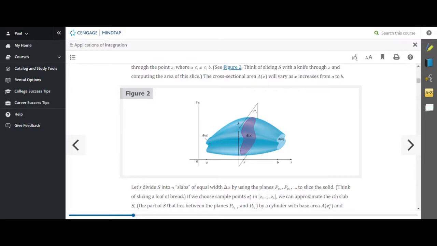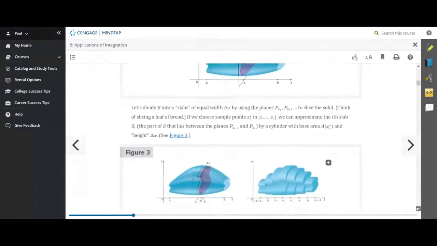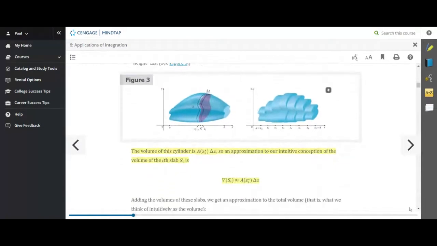All right, well then let's proceed, because we want to get to volumes now. In figure 3, what we're doing here is taking the solid and looking at a slab or a slice of the solid. The slice has width, so in figure 3, the picture to the left, that slice has width delta x.